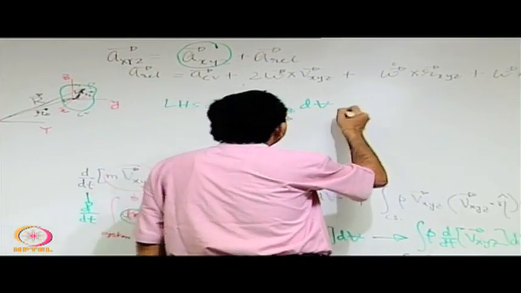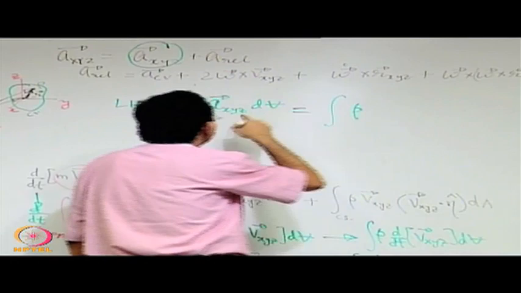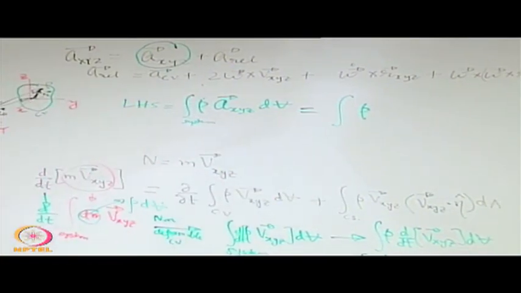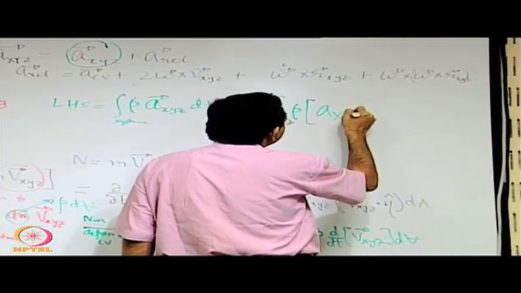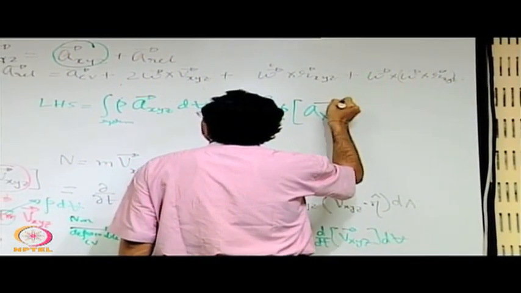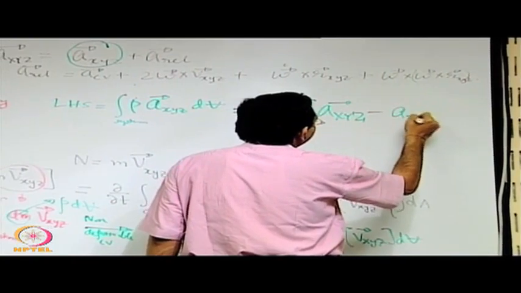So, we will write this as the integral of rho, and in place of a small x y z we will write a capital X y z, minus a relative.